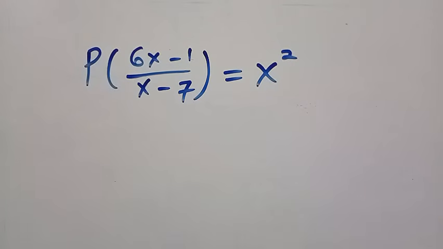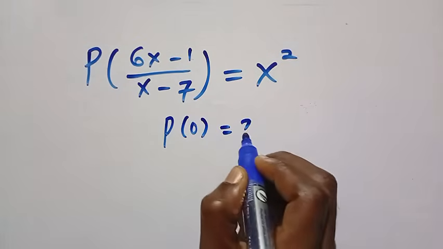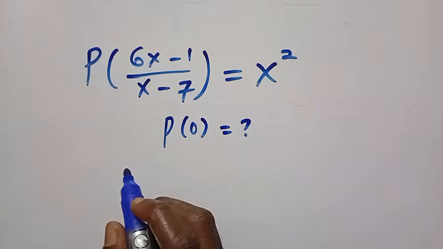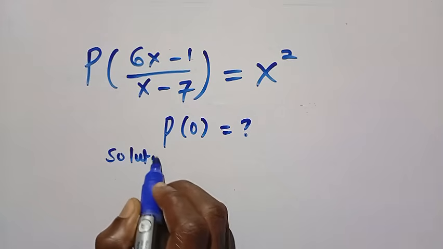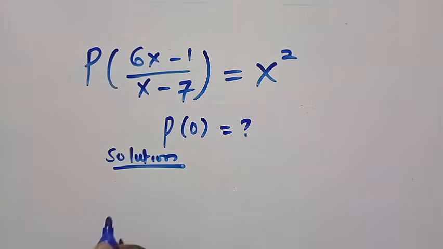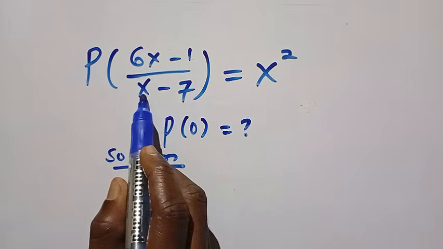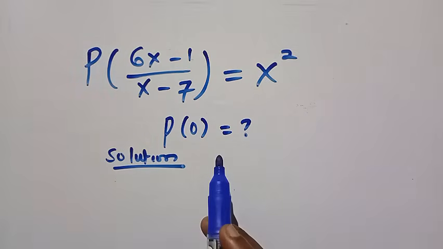How to solve these nice functional equations for P of 0. I'll be solving this in two different ways. Let's start with the solutions. Here we have P of (6x minus 1) over (x minus 7) equals x to the power of 2.